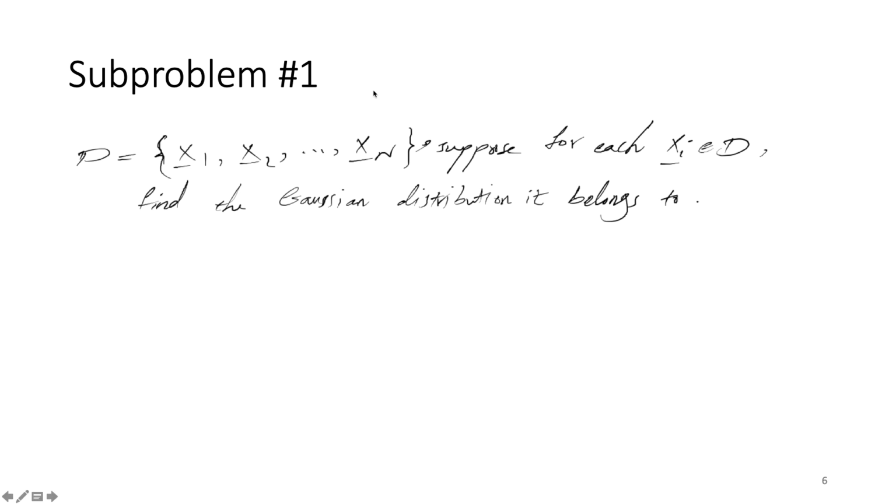So you have data, you don't know the label. You want to find the best fit using a Gaussian distribution that they can belong to. We want to make sure this doesn't belong here or vice versa, right? So this is subproblem number one.